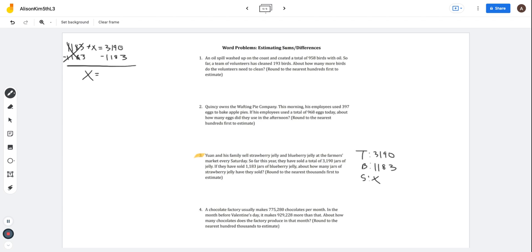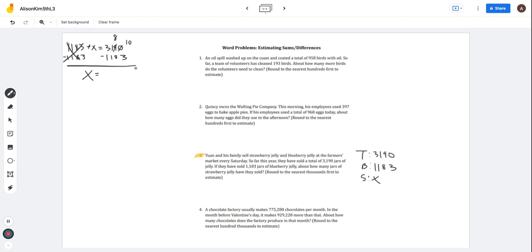3 cannot go into 0, so we're going to make 0 into a 10. Oops, I blurted out the answer. However, we cannot just spring out 10 from a 0, right? We only got it because we borrowed from this 9 right here. So this 9 is going to turn into an 8. And we don't need to borrow from the one next to it, because 8 minus 8 equals 0. If this number had been a 7, then we would have had to borrow, but in this case, it's not, so we do not have to.